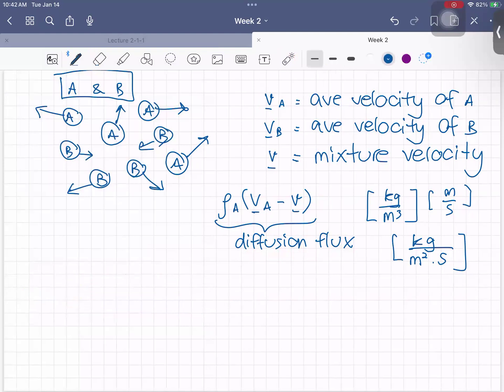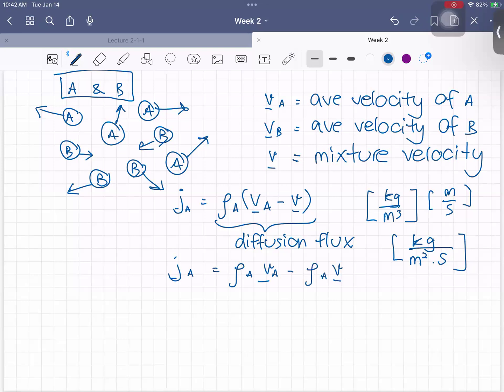All right. And if I define the small j right here, j_A, as a diffusion flux, okay, j_A is a diffusion flux. So let me distribute this term here, rho_A v_A minus rho_A v.